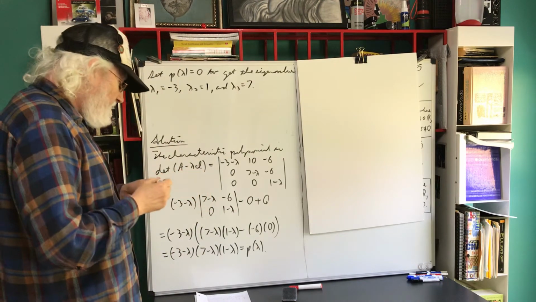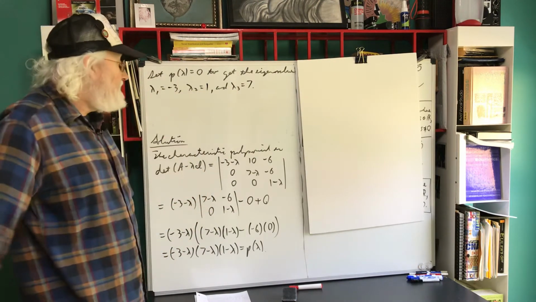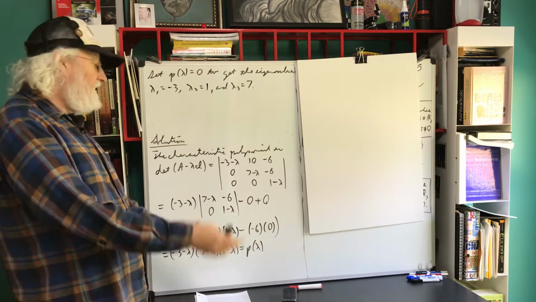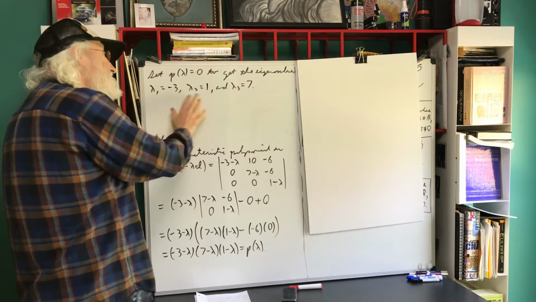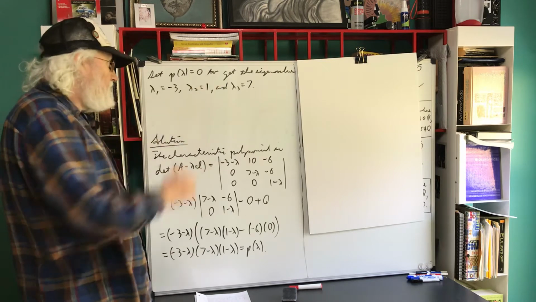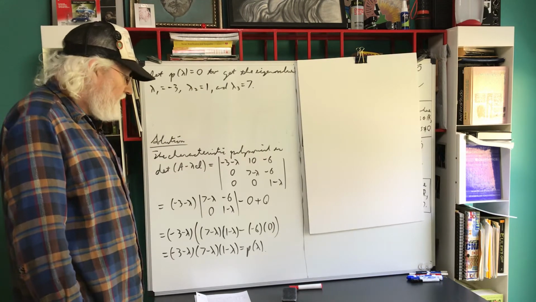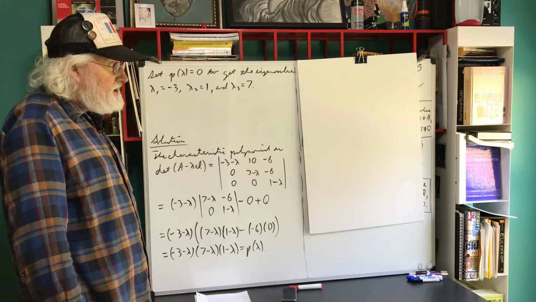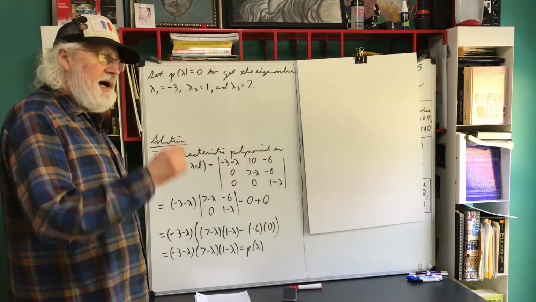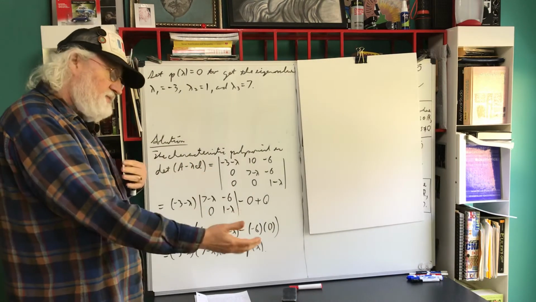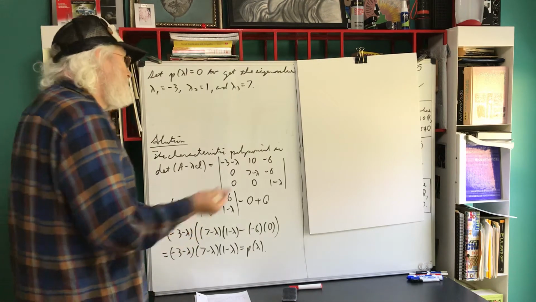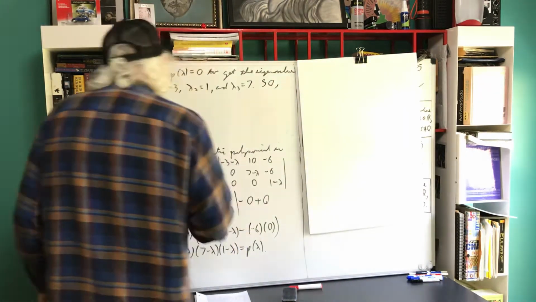Okay, now I've already made some decisions on how to index these. That's going to affect what the diagonal matrix D looks like at some level. Of course, I can list these in any order I want. At this stage, I'm free to do any of the possible orderings of those three eigenvalues, but that's going to imply some constraints when we start choosing the columns of matrix C. I need a correspondence between the columns of C and the diagonal entries of matrix D. I can tell you what matrix D is already.